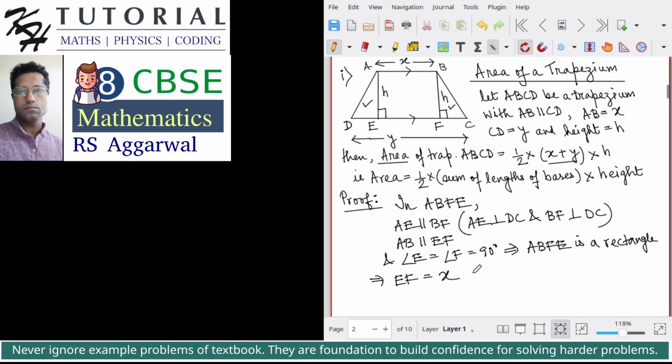The area of the trapezium will be the sum of the areas of the two triangles and the rectangle ABFE.